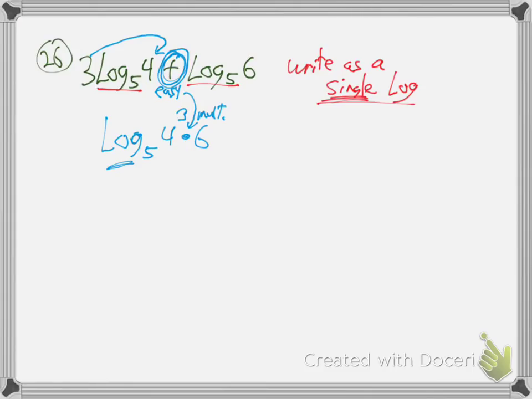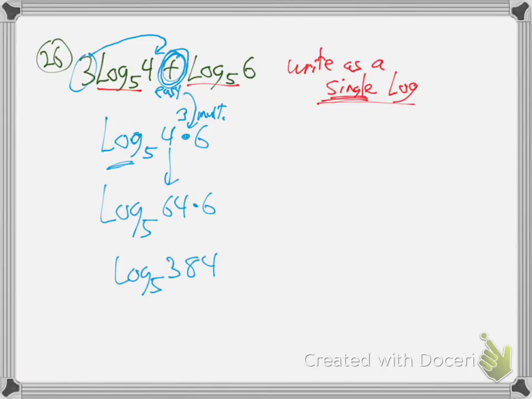And then this number in the front goes to the power. So what does that give us? Log base 5, 4 to the third, what is that, 64 times 6. Use your calculator. 360 and 24, is it 384, I think?